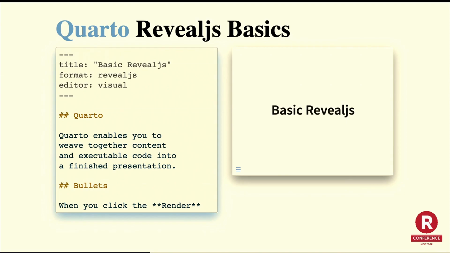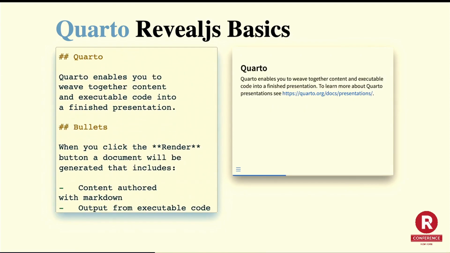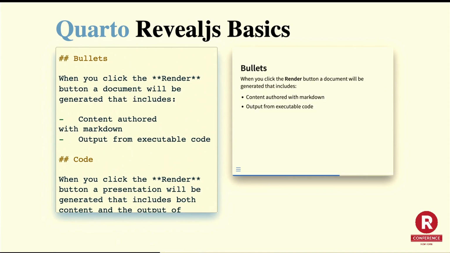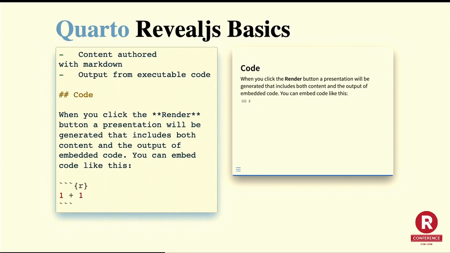So we have a title, and then each slide just works how you would expect with Markdown. You can do bullets, you can bold things how you expect them to bold, and you can create a list the same way you do in R Markdown. If you add code chunks, the code will be evaluated and posted into the slides right away. So that's everything I'll be talking about for how reveal.js works.